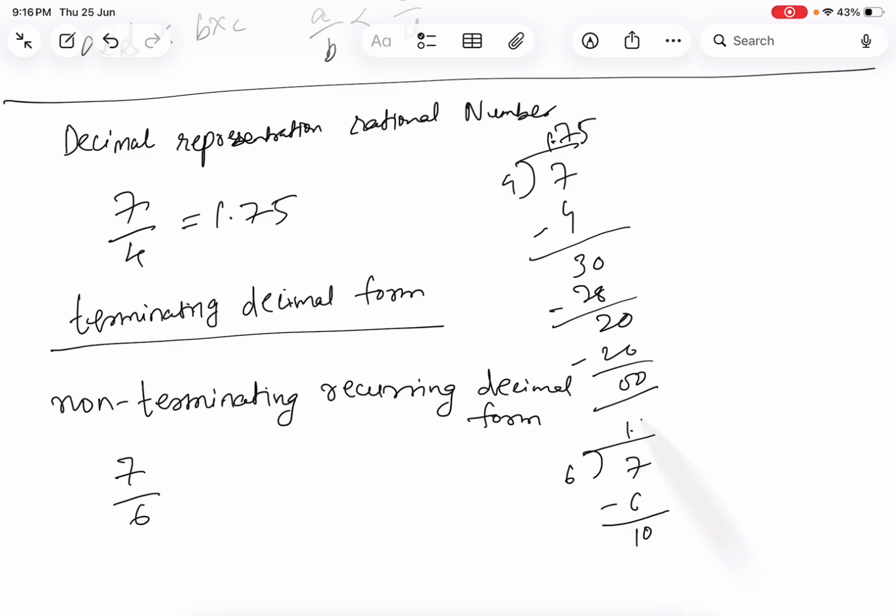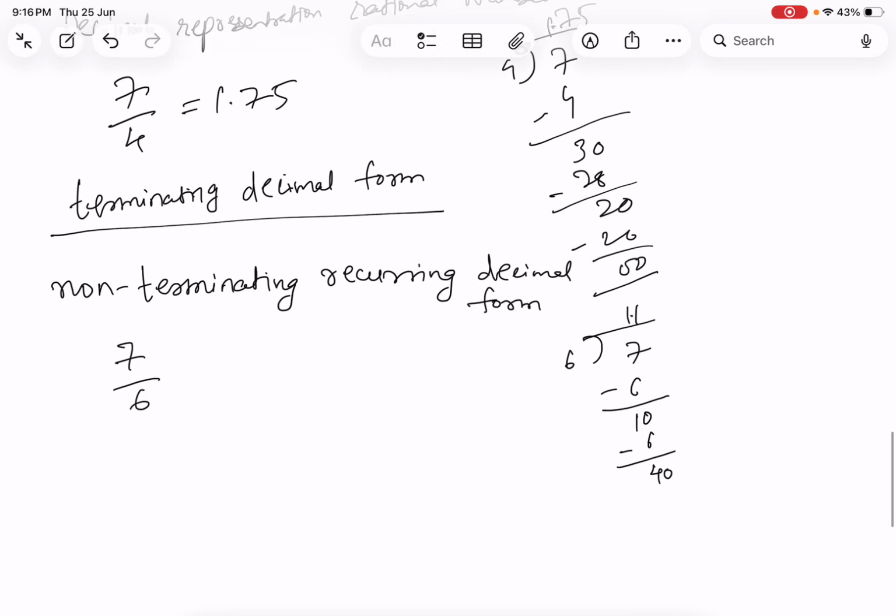Again 6 ones are 6, and you get 4, 40. Then 6 sixes are 36, again 4, 40, and this 6 will keep on going. It will not end, it will not terminate. Therefore such decimal forms are known as non-terminating recurring decimal form, because 6 is recurring. So 1.1666 dot dot dot.